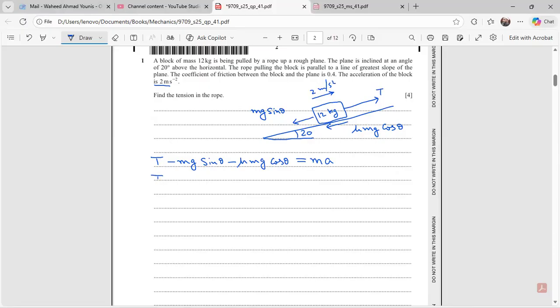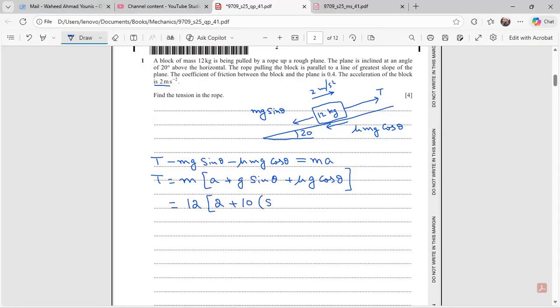So the T is equal to, if I take everything on the right side and take M as common outside, so I have A plus G sine theta and plus mu g cos theta. So M is 12 kilogram, A is 2 meter per second squared, plus I will take G as common outside, and G is 10.